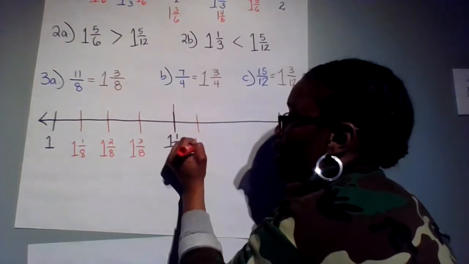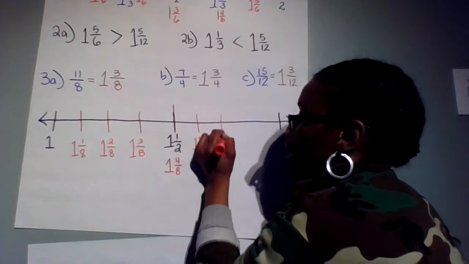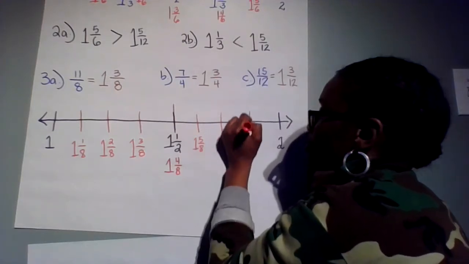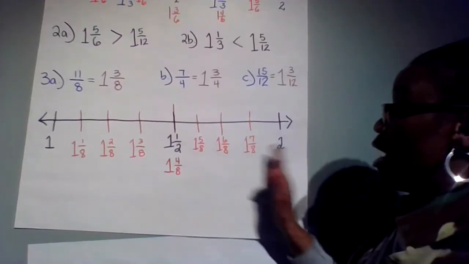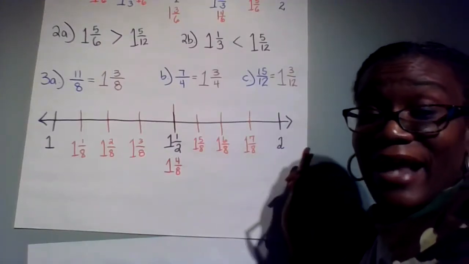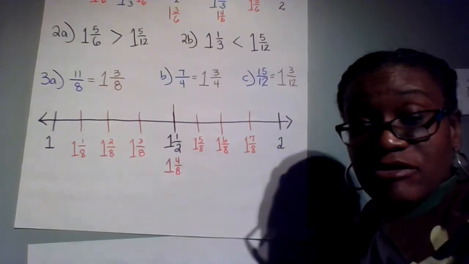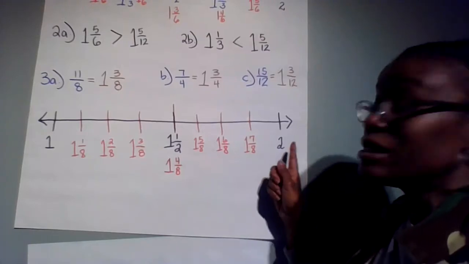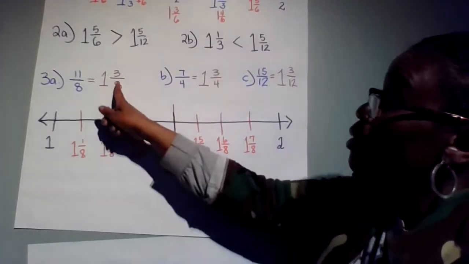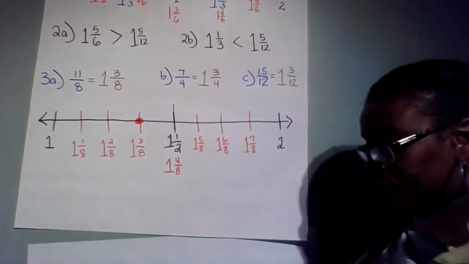Now I have 1 5/8, 1 6/8, 1 7/8. And remember, 1 8/8 would be equal to 2 because 8/8 is equal to 1 whole, and 1 plus 1 is 2. So now we're going to mark or plot 1 3/8.